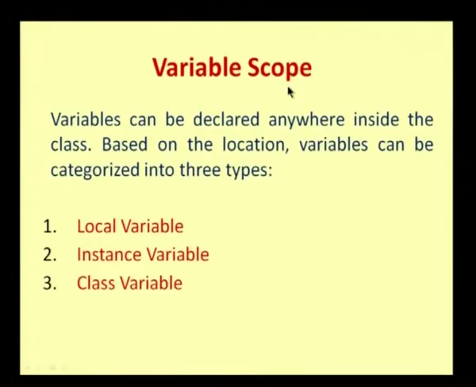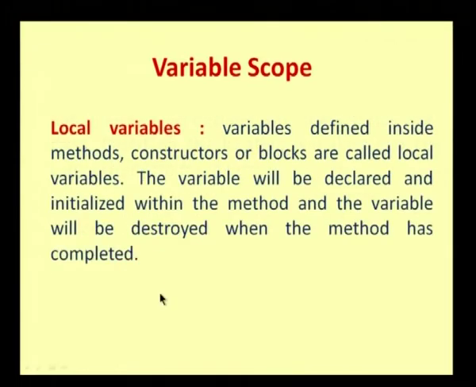Next, we look into the scope of variables. Variables can be declared anywhere inside the class. Based on the location, variables can be categorized into three types: local variable, instance variable and class variable. Local variables are variables defined inside a method, constructor or block.